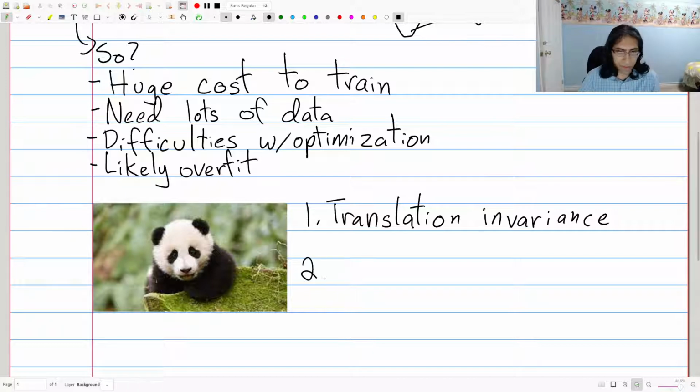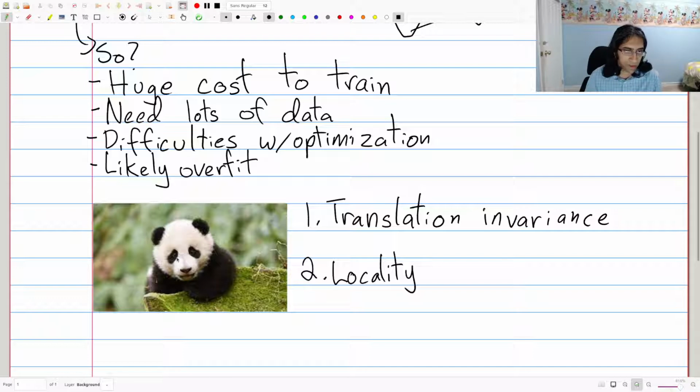The second thing is something known as locality. This means that pixels near each other are really the ones which we care about. When I'm trying to identify a panda, think about how you recognize that this is a panda. What you might look for is these two black eyes which are close to each other, then this nose and this face, which is white here, and then the ears over here. Somehow the pixels which are closest to each other are very important.